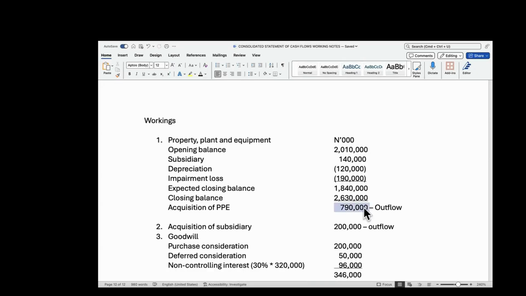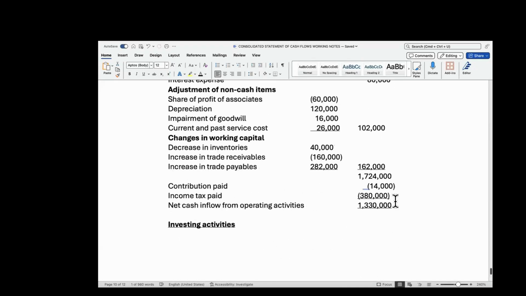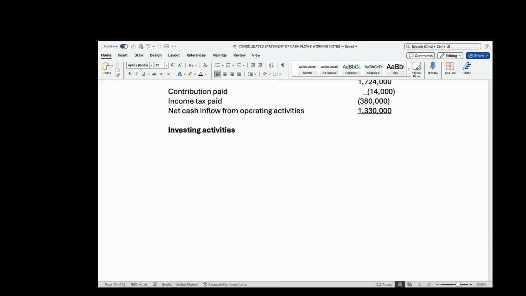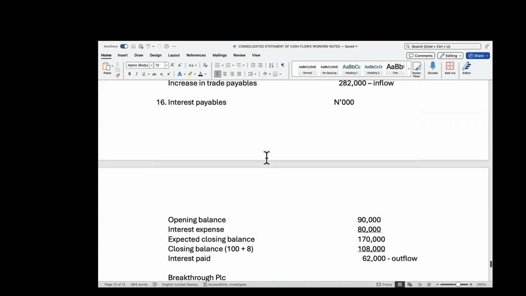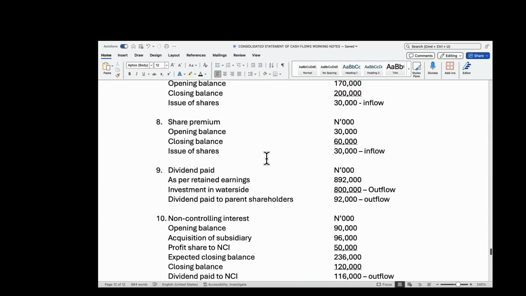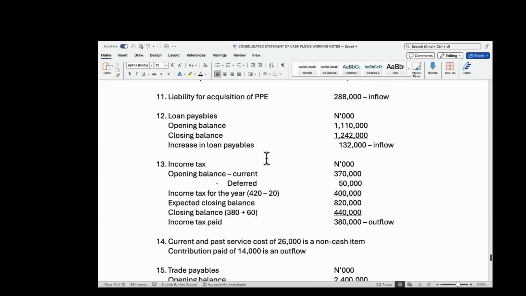I have acquisition of PPE of 790. Wait, there was one loan that they took.